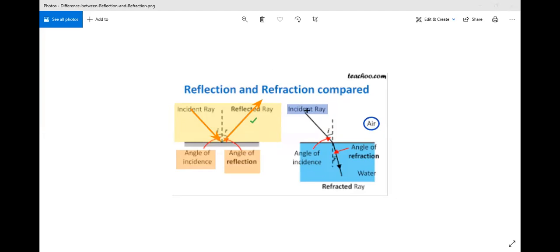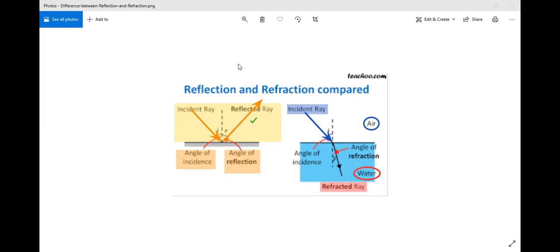Excellent. The incident ray is in the air, right? Where is the refracted ray? It's in the water.